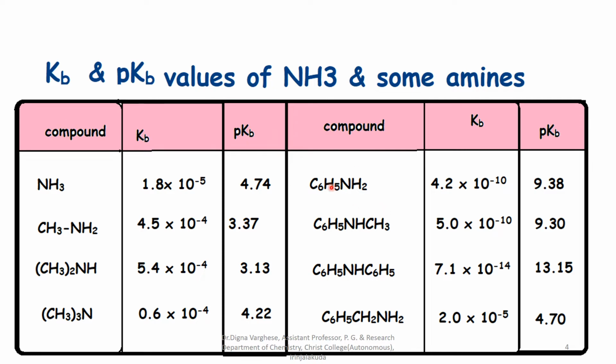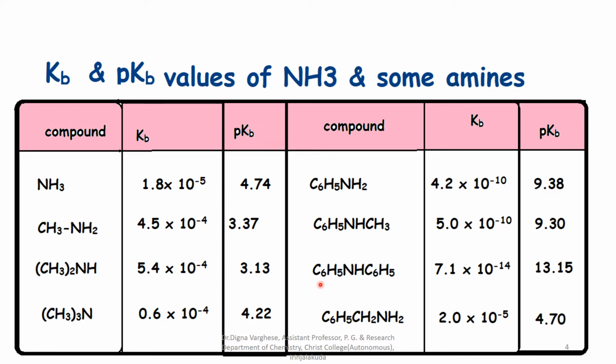In the case of aromatic amines, here you can see aniline has the Kb value 4.2 times 10 raised to minus 10, and its pKb value is 9.38. N-methyl aniline has a Kb value of 5.0 times 10 raised to minus 10, and its pKb value is 9.30.